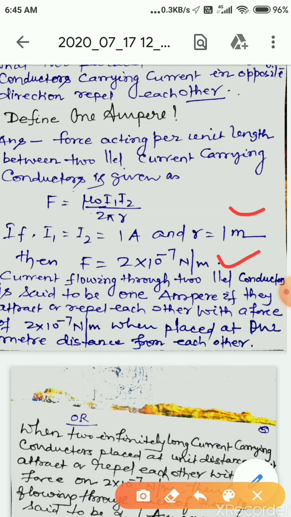So 1 ampere may be defined as the current flowing through two parallel infinitely long conductors is said to be 1 ampere if they attract or repel each other with a force of 2 into 10 to the power minus 7 Newton per meter when placed at 1 meter distance from each other.